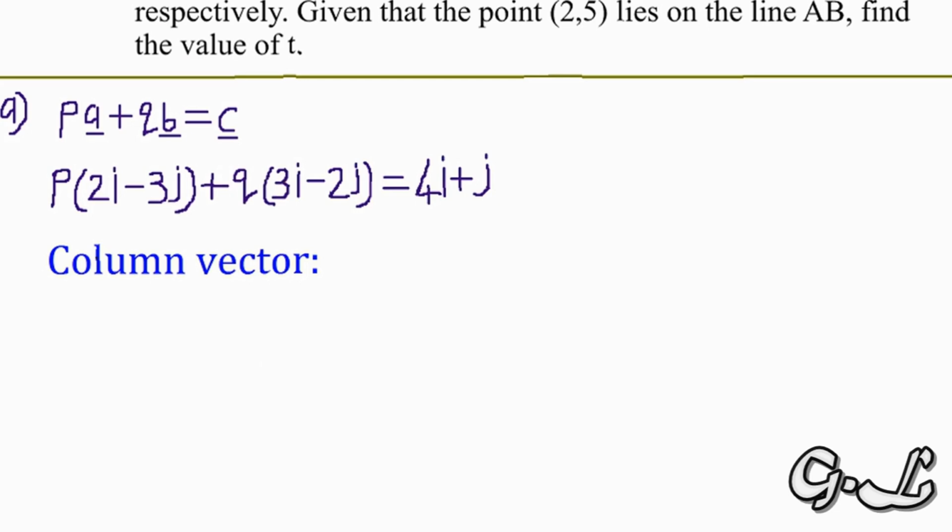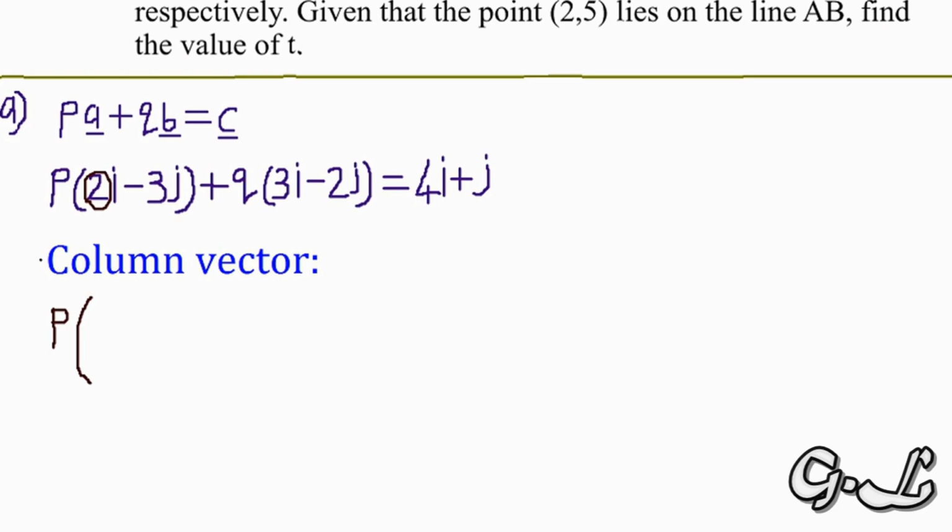So we're going to write P. So the way that we're going to represent it into the column vector form, we're first going to start with the P that we have there. We're going to start with P, and then we're going to open the parentheses like that, and then in the parentheses above, we have 2i minus 3j. So now in the column vector form, we are not going to have those letters which are i and j.